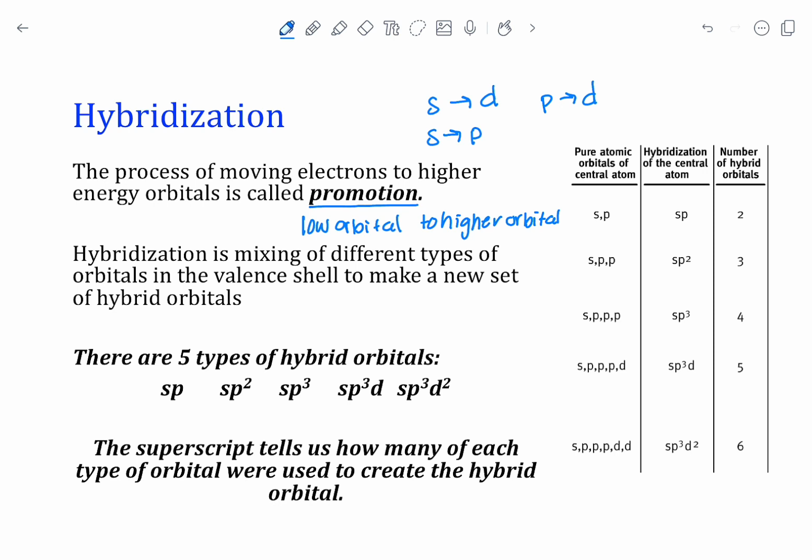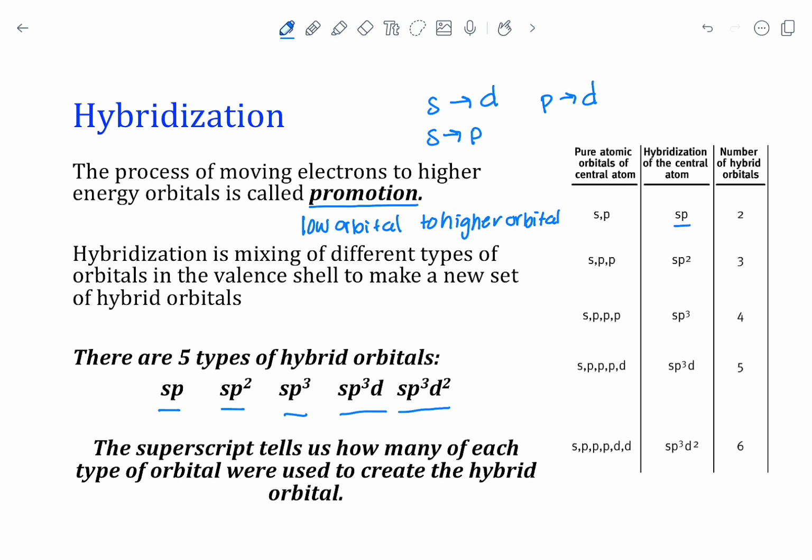Now there are only 5 types of hybrid orbitals that we need to know. Okay, so it's sp, sp2, sp3, sp3d, and sp3d2. And how those hybrid orbitals are formed is based off of the atomic orbitals of the central atom and how they are forming the bond.